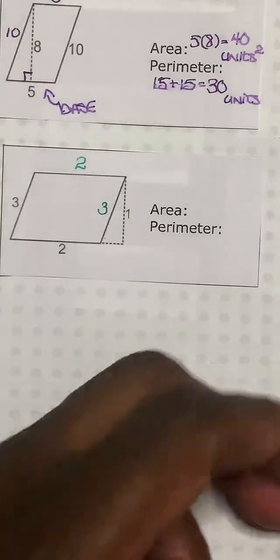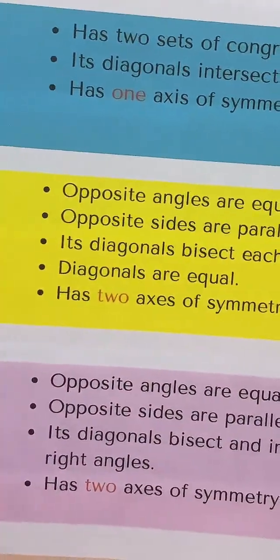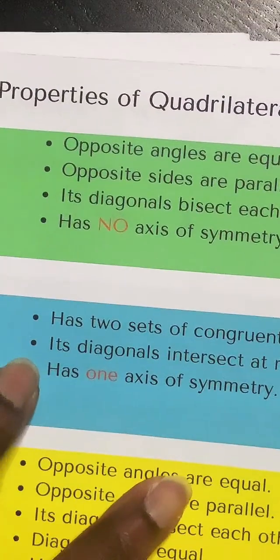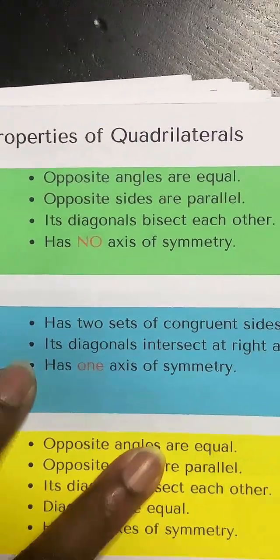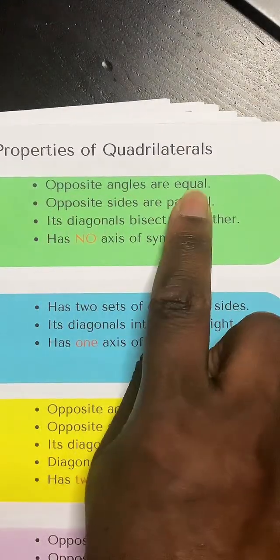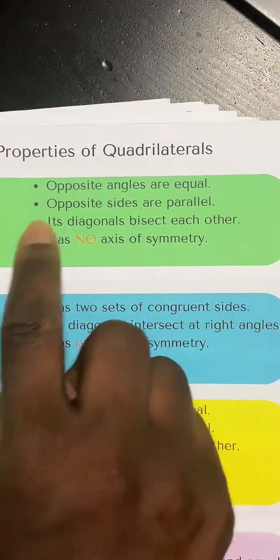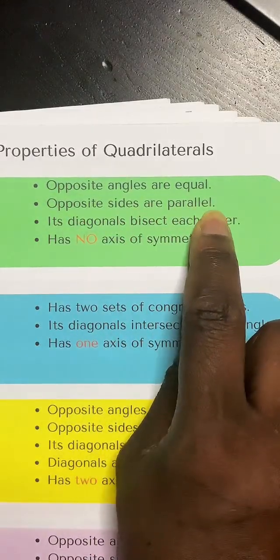If we are a little stuck with the rules of parallelograms, here we go in my handy dandy notebook. Opposite angles are equal. I think I said it was congruent. Opposite sides are parallel.